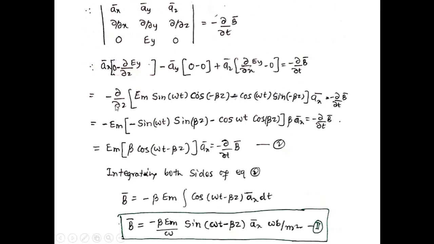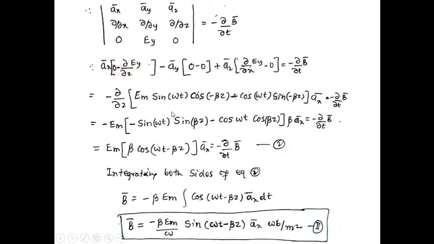Therefore, if you simplify, you get minus dou by dou z of Ey, where Ey is equal to Em sin omega t cos(minus beta z) minus cos omega t sin(minus beta z), Ax bar is equal to minus dou by dou t B bar.